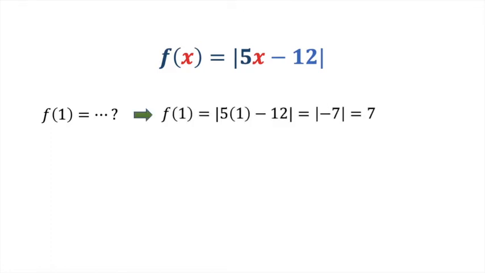So, we will have f of 1 is equal to the absolute value of 5 times 1 minus 12 is equal to the absolute value of negative 7 and is equal to 7. Don't forget, we are now dealing with the absolute value. So, remember our previous material that the absolute value represents the distance of a number from 0. So, it will always be a positive number.